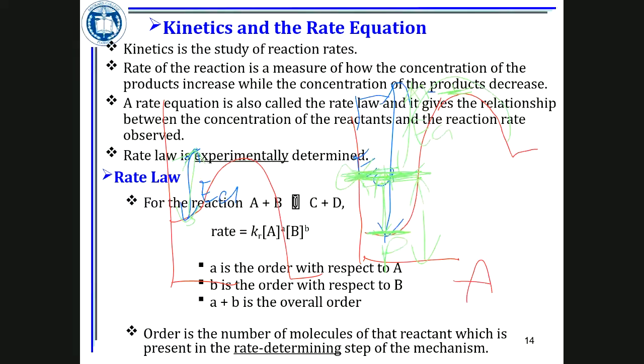The other way to lower the activation energy is to use a catalyst. When you use a catalyst, you don't change the energy of the reactant, you don't change the energy of the product, but you change the mechanism of the reaction and make the reaction go through a new route, and you get EA with the catalyst.